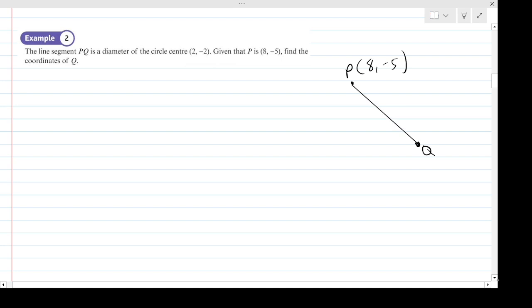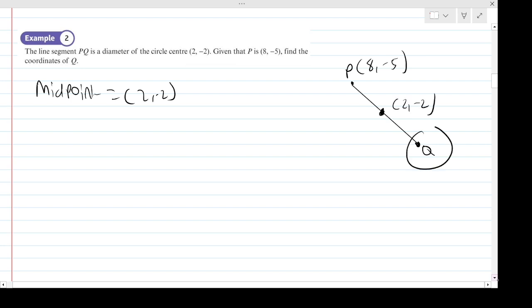We don't know what Q is, but we are told that PQ is a diameter of a circle, and its centre is (2, -2). Well, that means that the midpoint is (2, -2), right? Because it's a diameter, the middle of the diameter, which would be here, is the midpoint, but also the centre. Okay. So that's (2, -2).